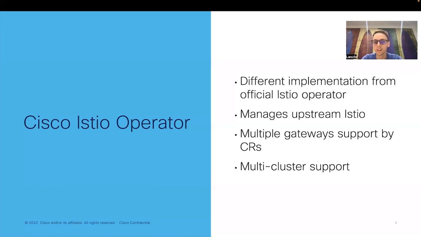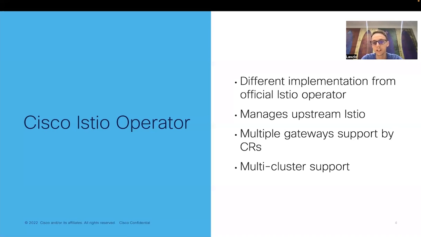We call it Istio Mesh Gateway. And with that custom resource, you can very easily create any kind of ingress and egress gateways in any namespace with the right ownership, with the right permissions. So that's one thing. And the other thing, and the bigger thing probably, is the multi-cluster support that I'm going to talk about today.